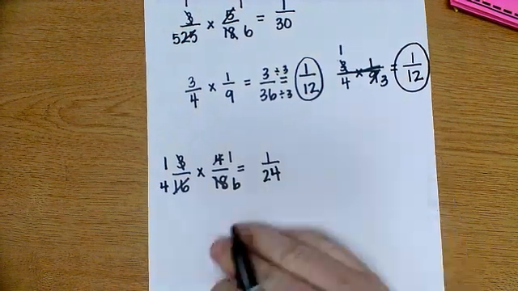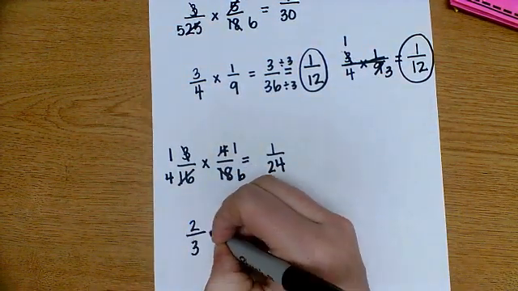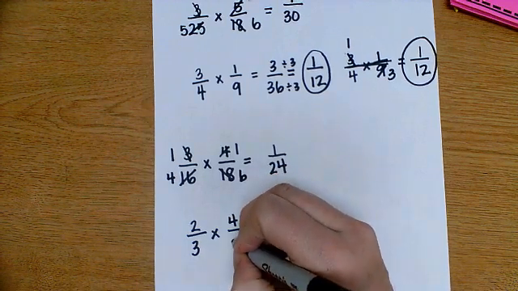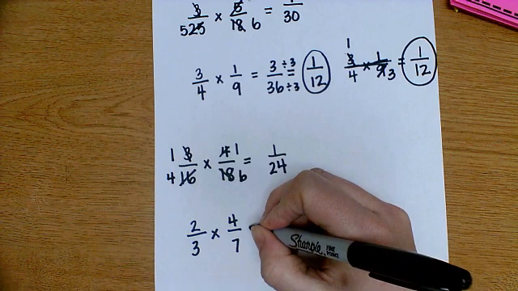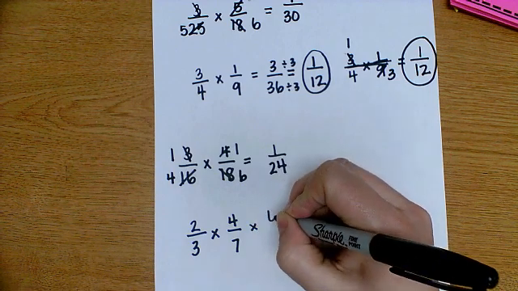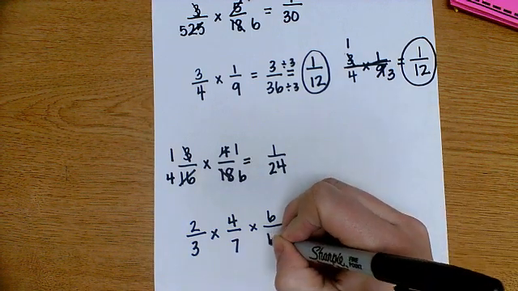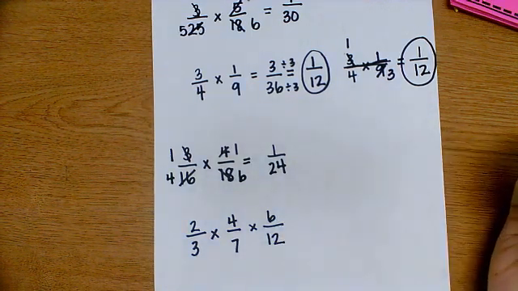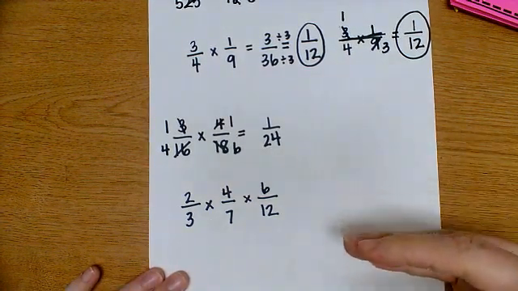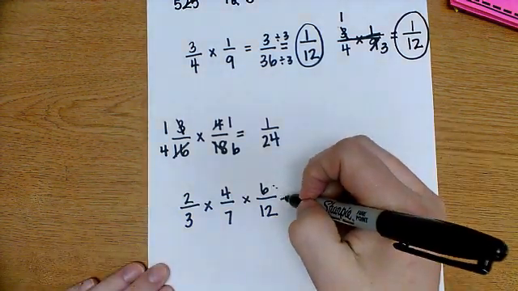Even if you have 3 numbers, so let's say we have 2/3 times 4/7 times 6/12. We can still do the same thing as long as it's the top and the bottom, and you can only do it once.